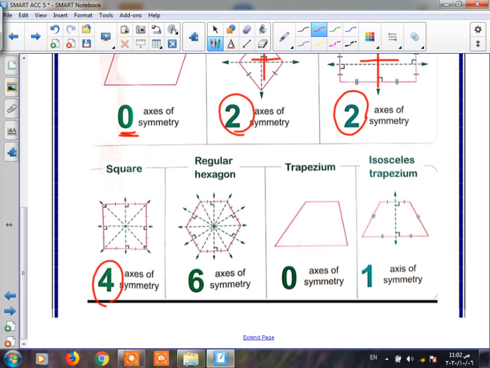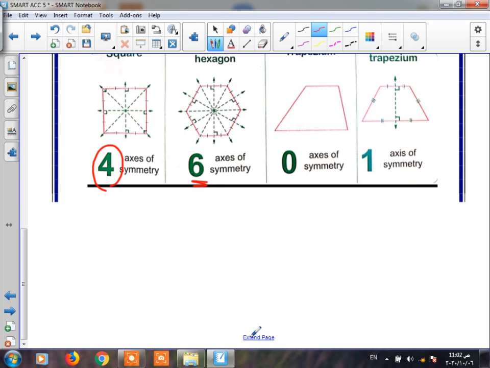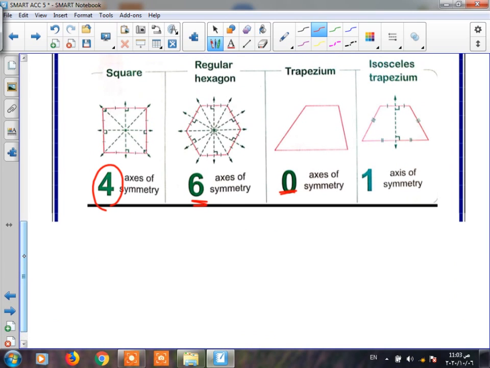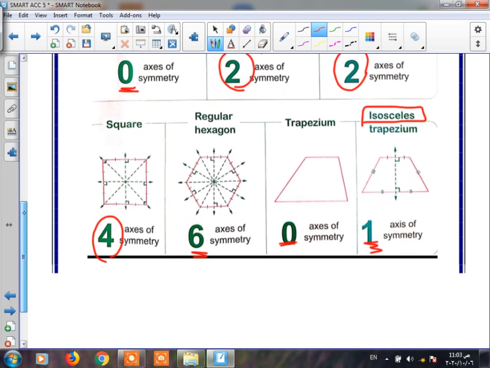Regular hexagon, we will take before the hexagon, pentagon, and so on. The regular hexagon has 6. Trapezium 0. And here isosceles trapezium, I said before any isosceles, when you see isosceles, you will write 1. Isosceles triangle or isosceles trapezium, you will write 1. You must keep all of these numbers.